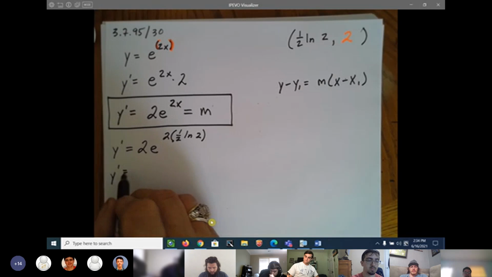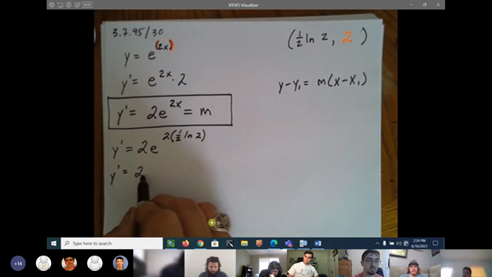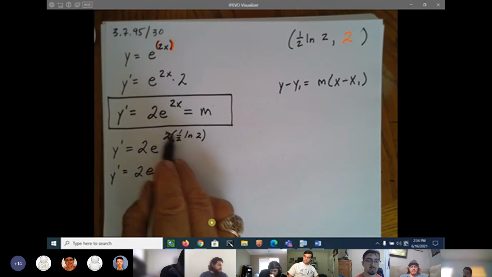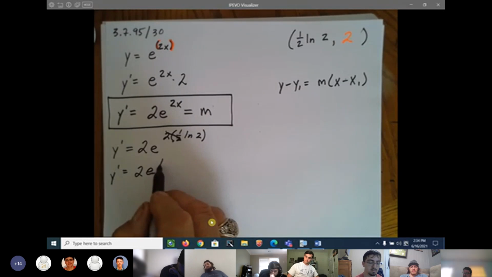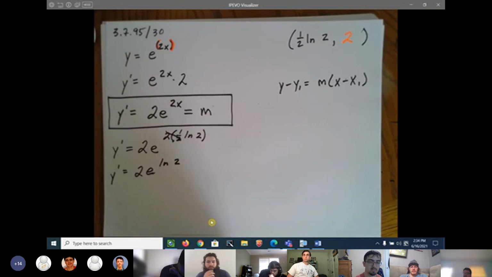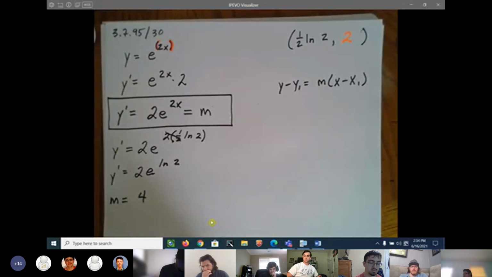Y prime is equal to 2e, that goes out, natural log of 2. And we already basically you get M is equal to 4.